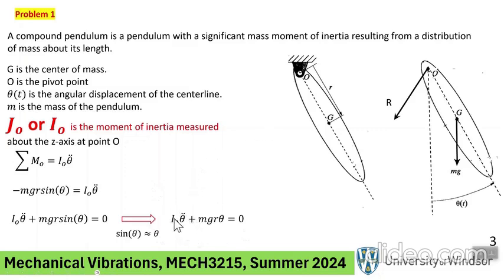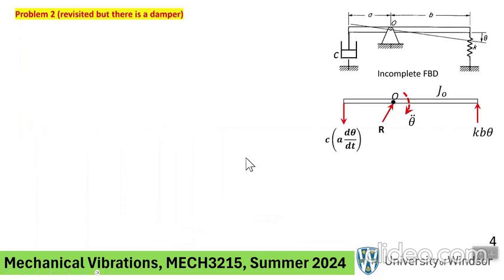And of course, you recognize this term as the effective mass, and this term as the effective stiffness. And so the natural frequency is going to be the ratio of effective stiffness over effective mass. So mgr over I about O. Okay, so that's our first problem.